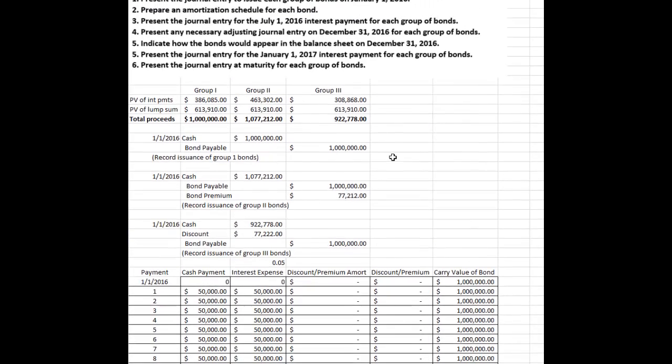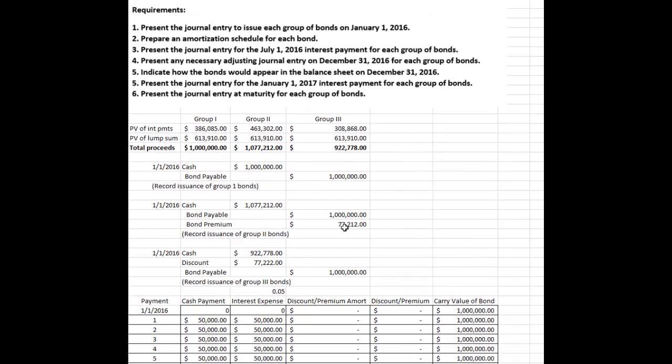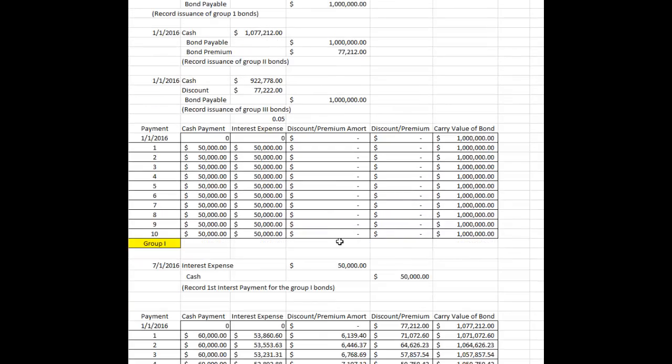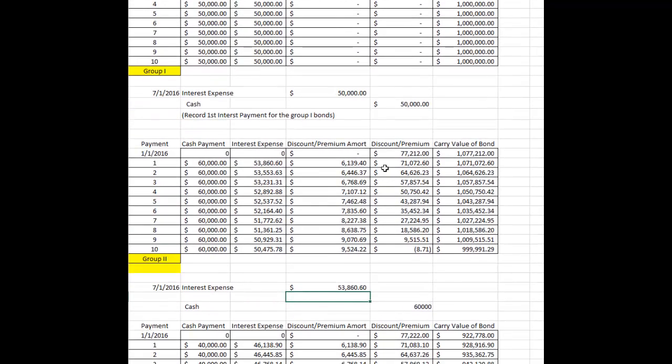If we go up and look at the entry that we recorded to issue the bond with the premium, and this is important, we credited this bond premium. So there's a credit balance. It's going to get smaller and smaller, and the only way to make it smaller is to debit it. You can see that in the amortization table. And to make it smaller, we debit it by the amount listed in the amortization table.